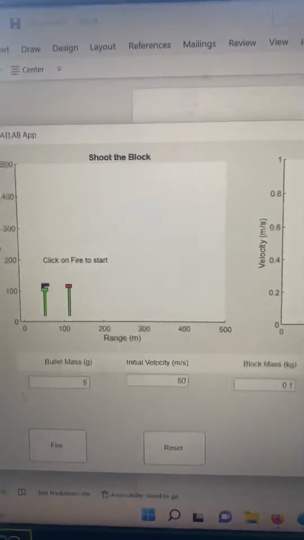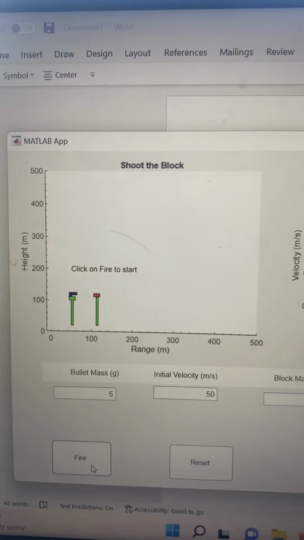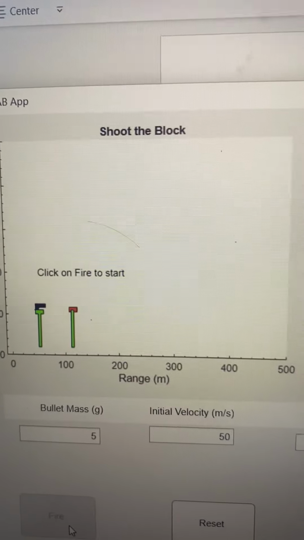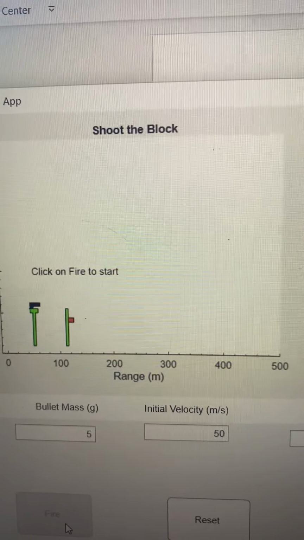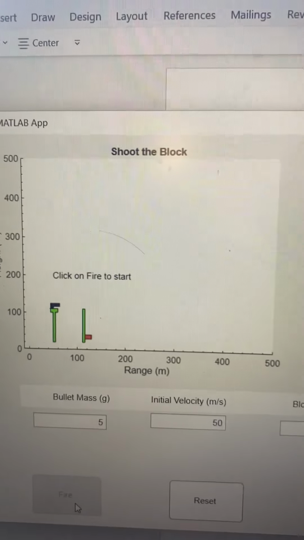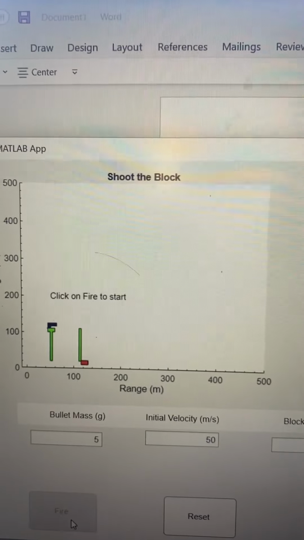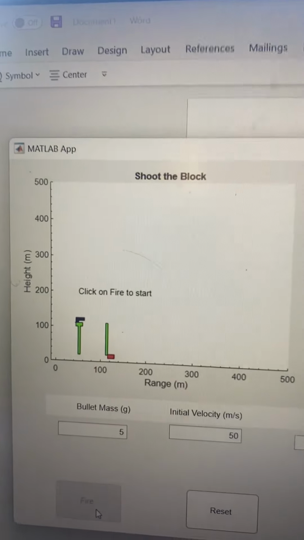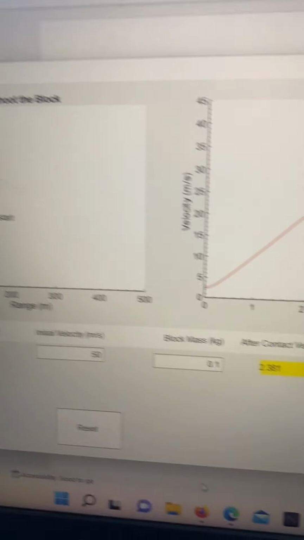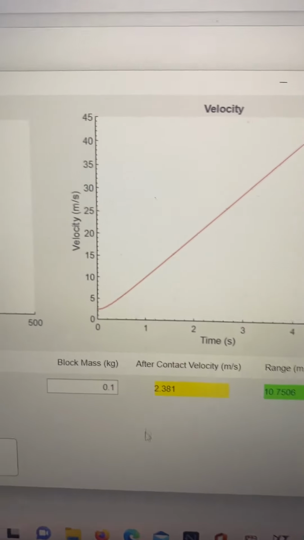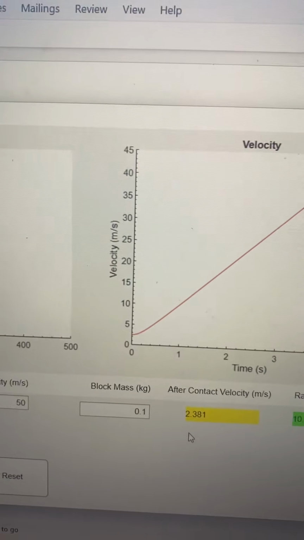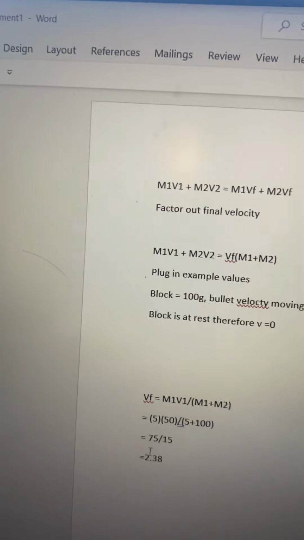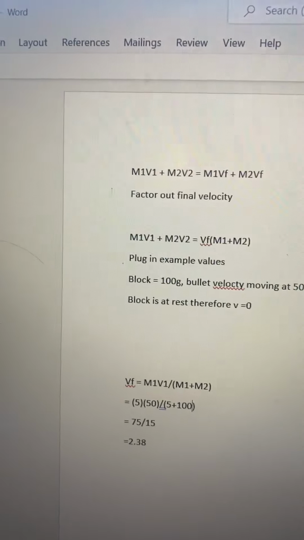And now if we hit fire, the bullet fires, hits the block. Now the block just kind of falls off because there wasn't enough momentum to carry it that far. See, the after contact velocity, as we actually calculated before, is 2.381. If you go back, the 2.38 was correct.